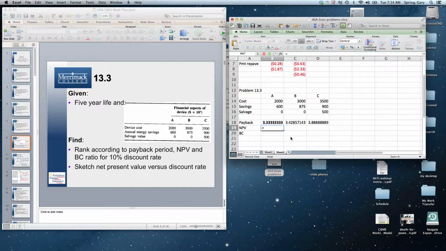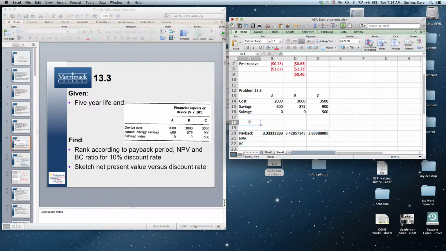Net present value. Well, we have a cost of $2,000, and then the present value of the savings. So we have to have a rate and a life, of course.